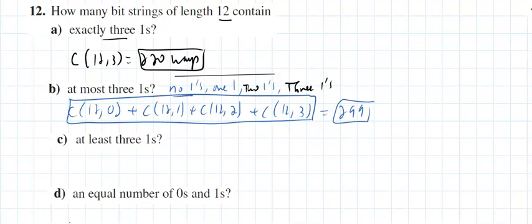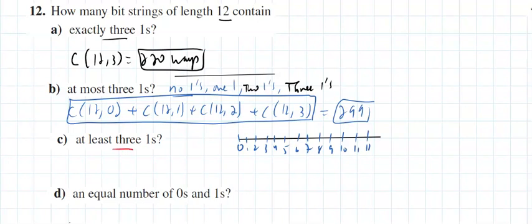Now, the word at least is a big mess for us. So we have a string of 12. We could have none, or 1, or 2, or 3, or 4, or 5, or 6. The reason I'm going into details over this is because we're going to use that in many sections. So let's get that out of the way.